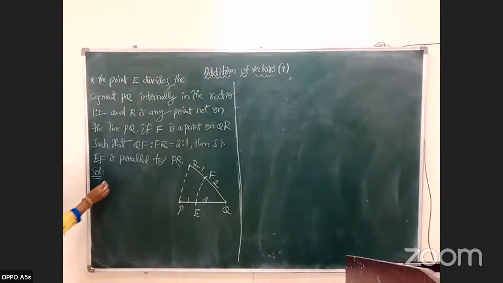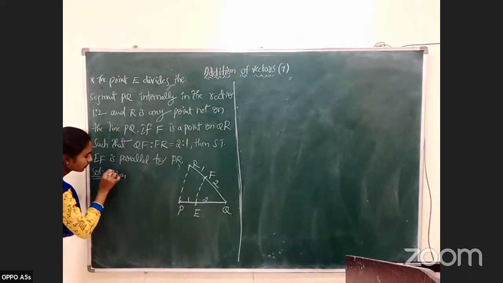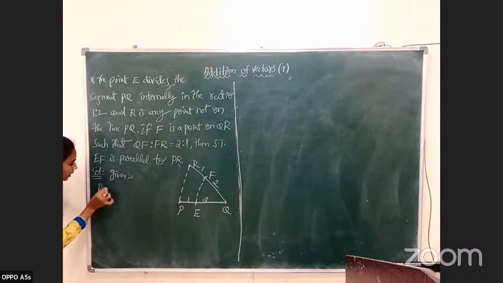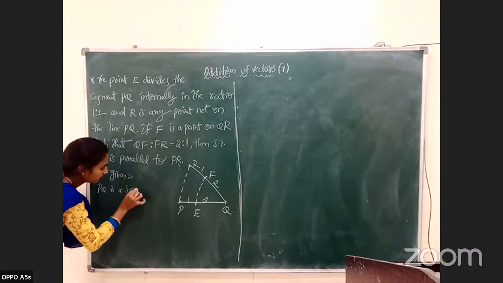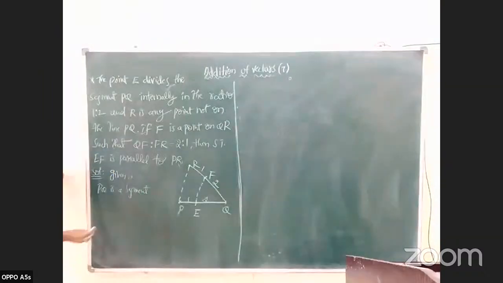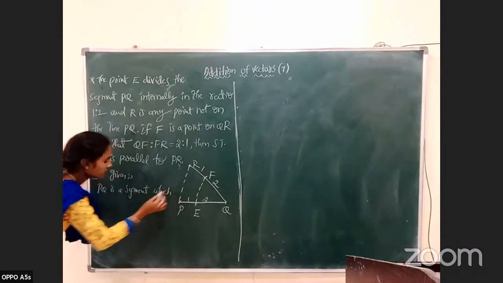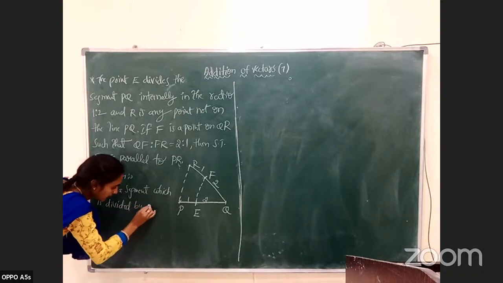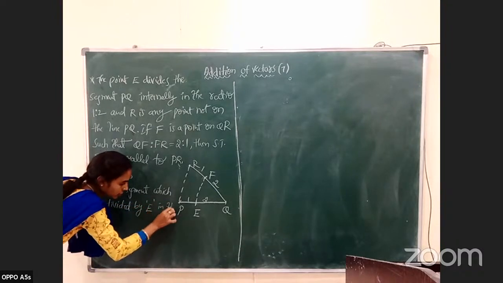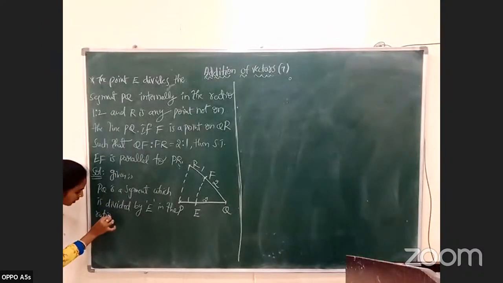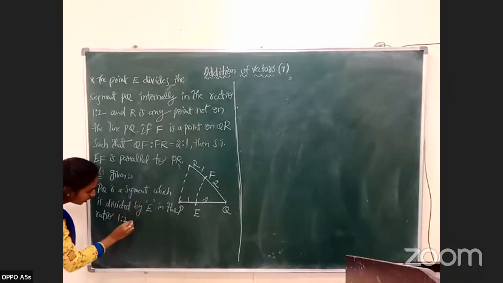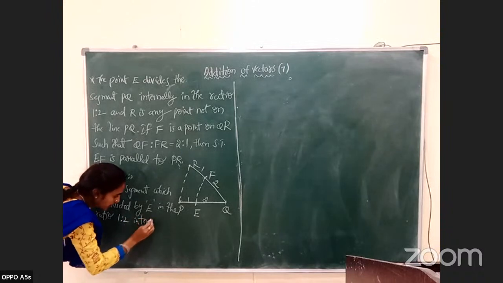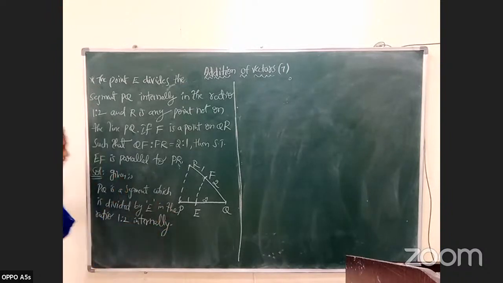So first of all, given PQ is a segment which is divided by E in the ratio 1:2 internally.